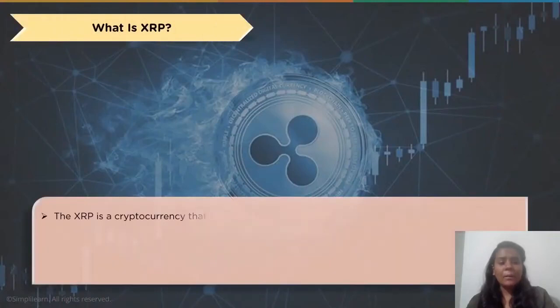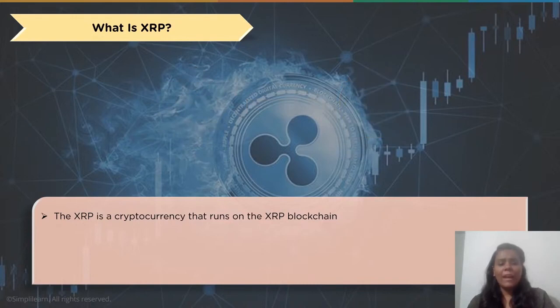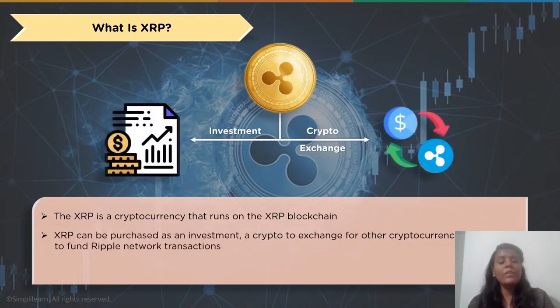The XRP Ledger, created by Jed McCaleb, Arthur Britto, and David Schwartz, is a blockchain that runs XRP. McCaleb and Britto would go on to form Ripple, which would employ XRP to enable network transactions. You can acquire XRP as an investment, as a crypto to trade for other cryptocurrencies, or as a way to fund Ripple network transactions.